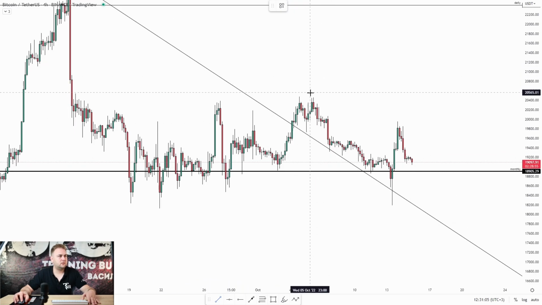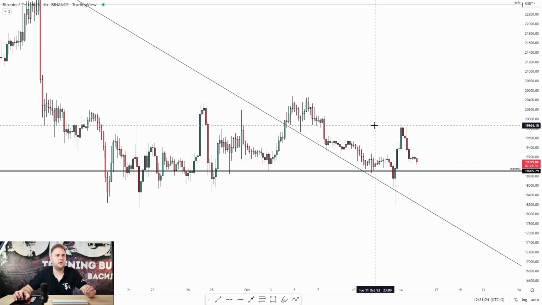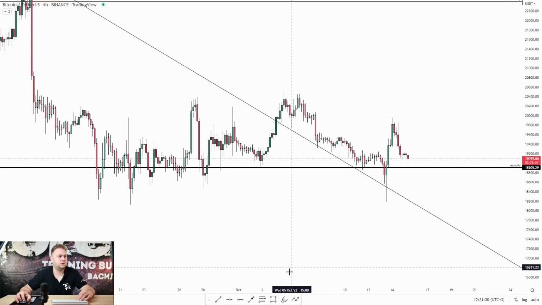And let's see if we can make a descending trend line. It should be just like this, but it's not valid. You can see the price breaks this trend line. So we don't need this one, and we cannot make a 4-hour trend line here.